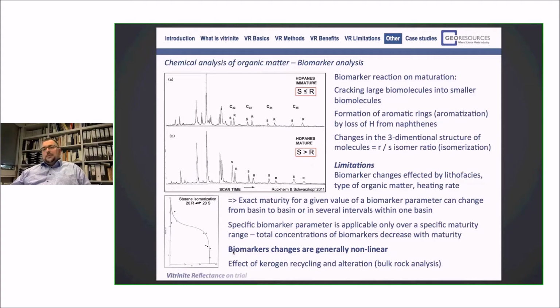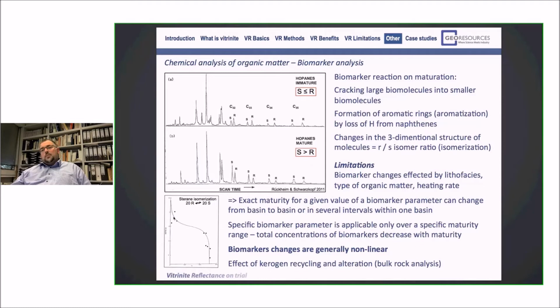And one very important point is that biomarker changes are generally nonlinear. That's what we see here. It's an example from the sterane isomerization, the ratio of R to S isomers, and we see this is the immature, this is the mature field, and it's not a continuous function that goes up to the mature interval.